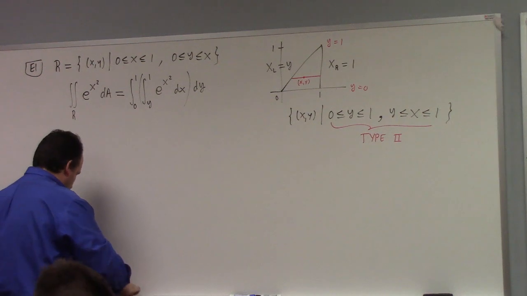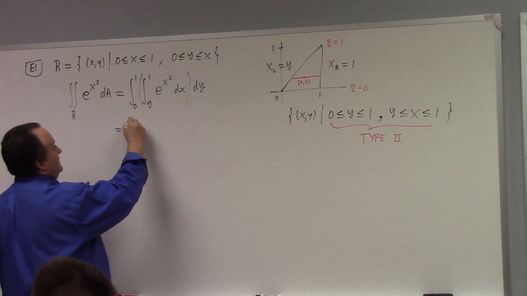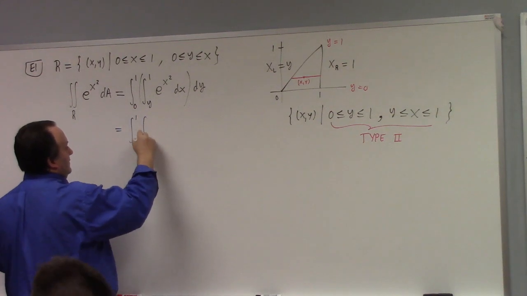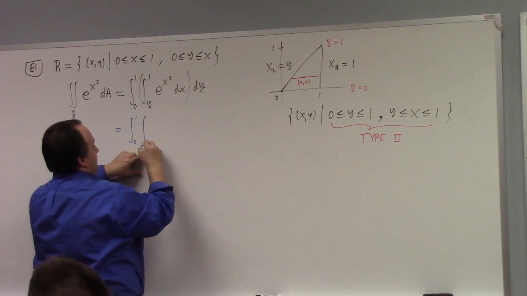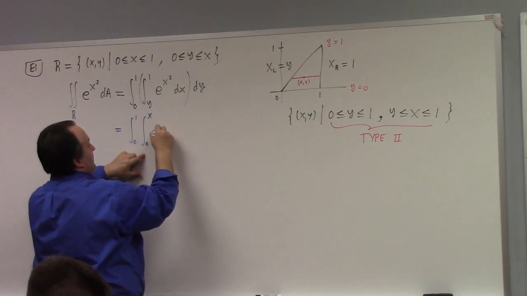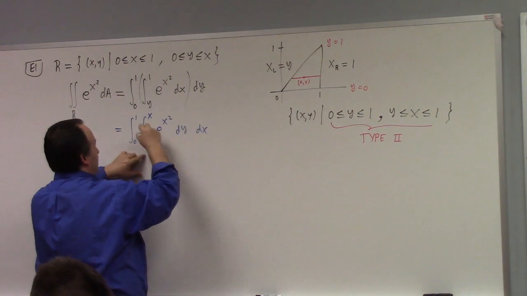But if on the other hand I instead write this as the integral from 0 to 1 and use the type 1 setup, the integral from 0 to x of e to the x squared, I did my y bounds first, my x bounds second.